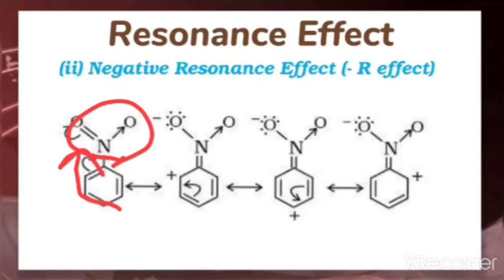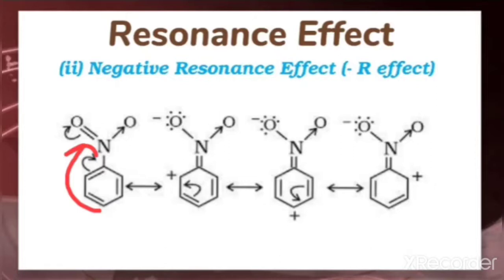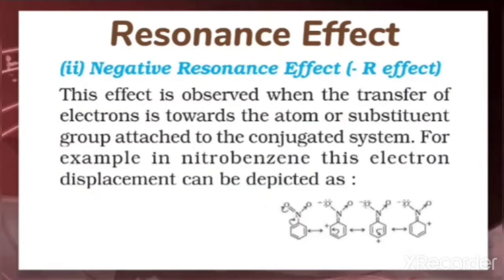This effect is called minus R effect or the negative resonance effect, because the electrons are withdrawn from the conjugated system towards the substituent. So the positive charge is developed on the ring and the negative charge is developed on the substituent. This is called negative resonance effect. The effect is observed when the transfer of electrons is towards an atom or the substituent group attached to the conjugated system, as in the case of nitrobenzene.